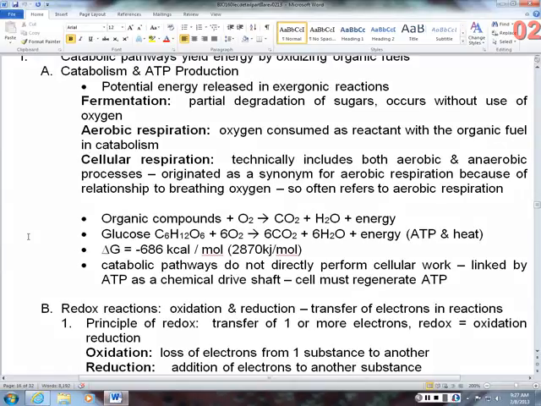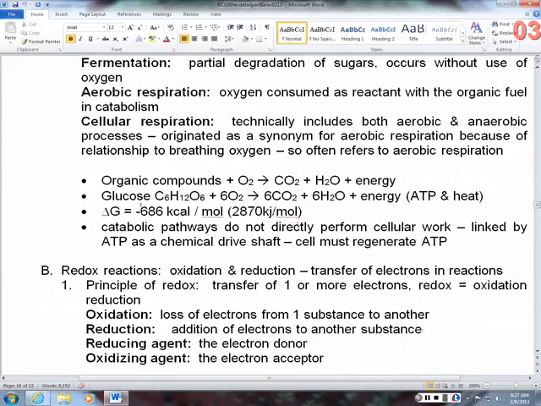The main reaction is that we can take various organic compounds, combine them with oxygen, and what you get out of it is carbon dioxide, water, and energy. More specifically with glucose, you've got C6H12O6 plus 6 O2 gives you 6 CO2, 6 H2O, and energy in the form of ATP and heat.